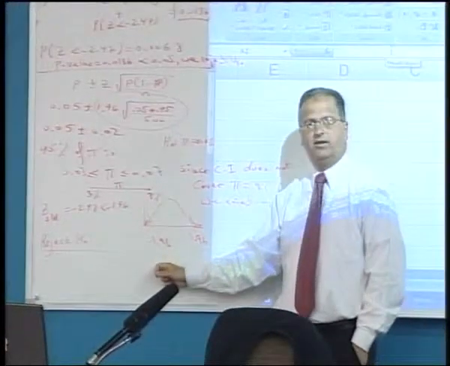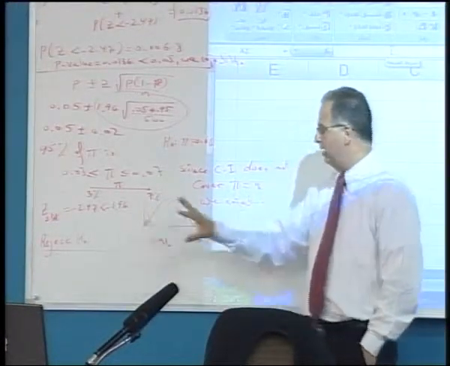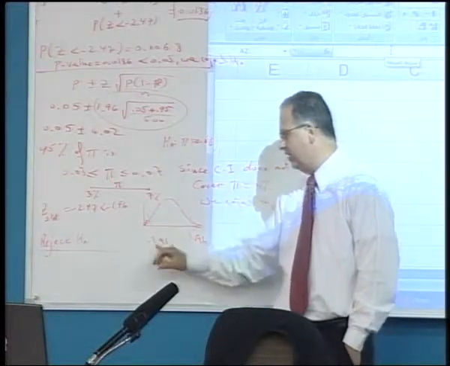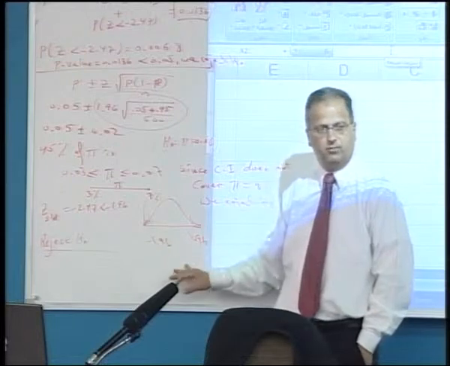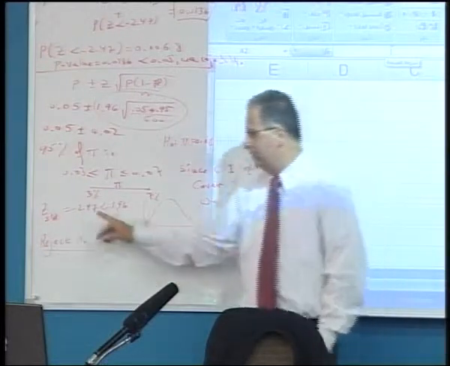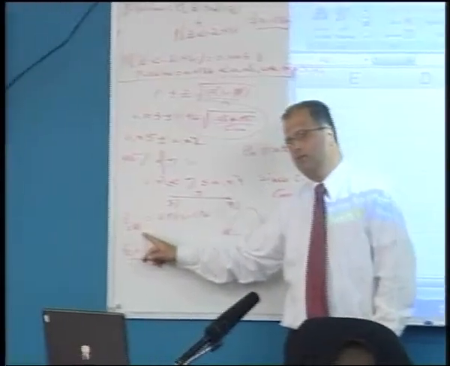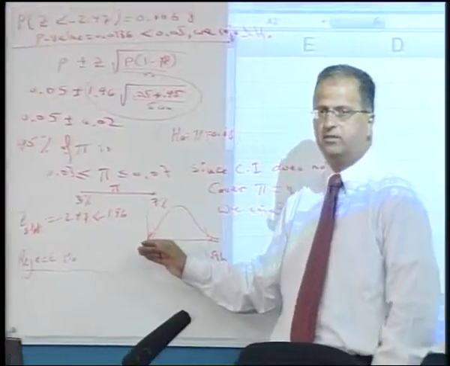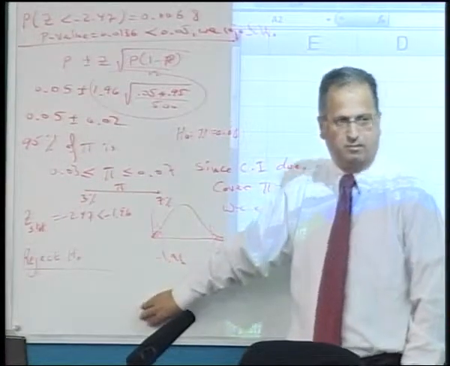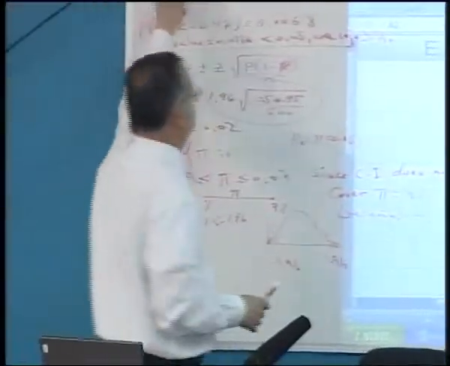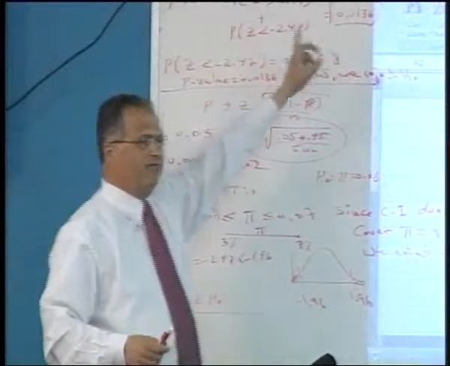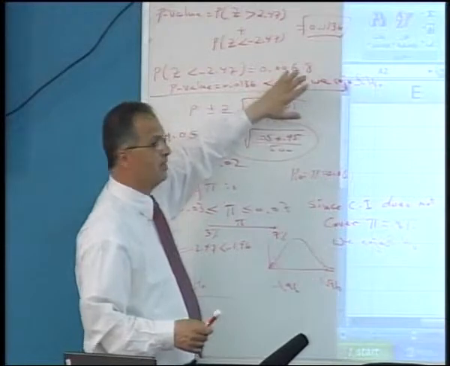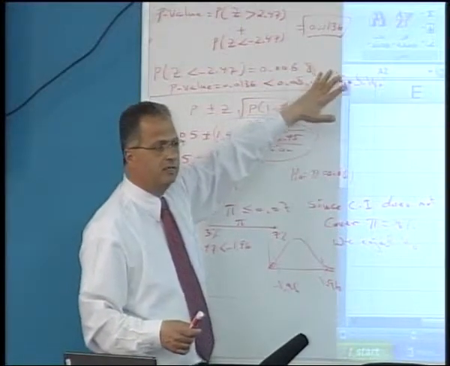So actually, there are three methods to solve this problem. One is the critical value approach. In this case, we found the critical values minus and plus 1.96, and the value of the statistic falls in the rejection region, so we reject the null hypothesis. The other one is the p-value, and we found that the p-value is 0.136, which is smaller than alpha. Then again, we reject the null hypothesis.